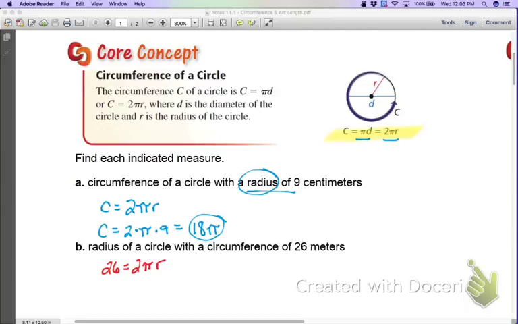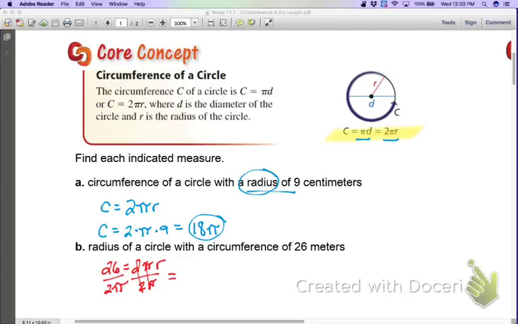In this case, I'm okay with you leaving it in terms of pi. So because pi is just a number, I'm going to divide by 2 pi. Pi's go away, the 2 goes away on the right side.